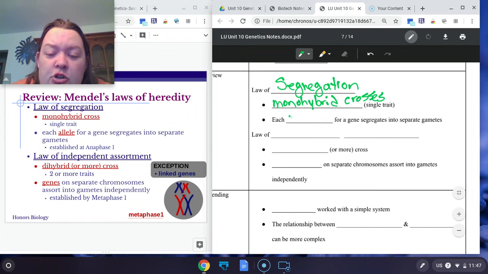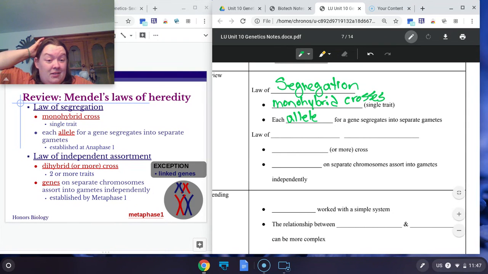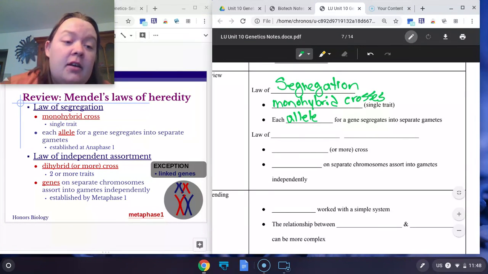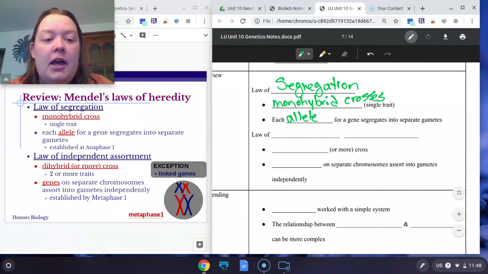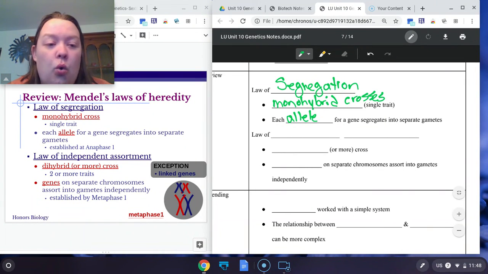And you notice that each allele is going to separate into a separate gamete. So what that essentially means is that if your parent has 2 letters for a gene, they only give you 1 letter. Their letters separate and they only give you 1. So if a parent has a big A and a little a, you're either getting a big A or a little a because they separate.